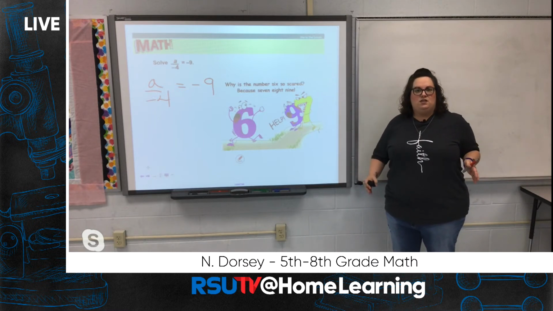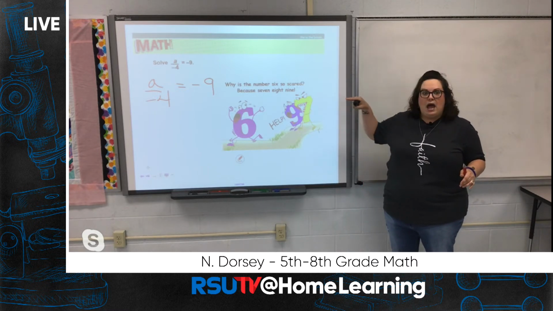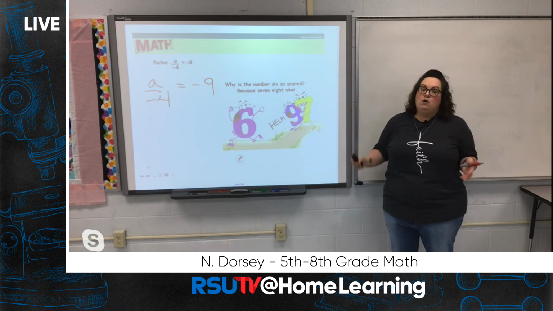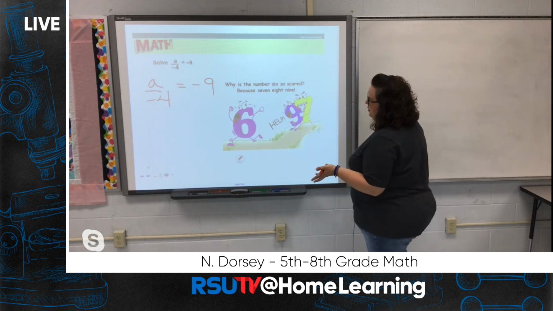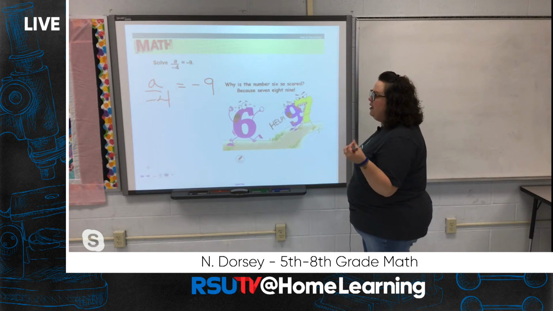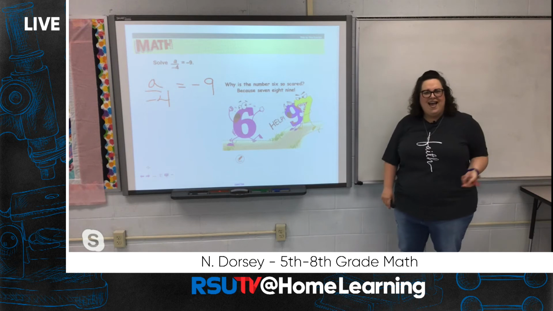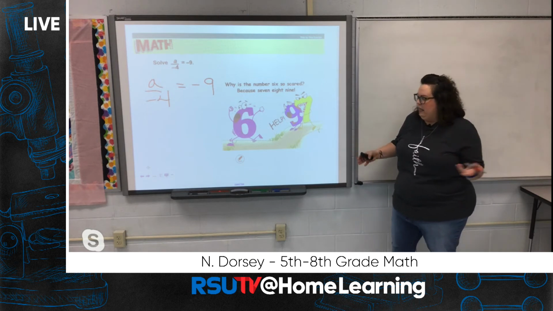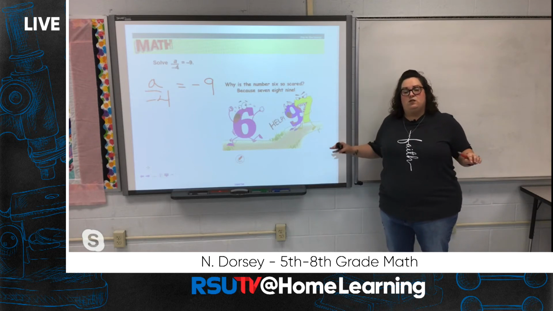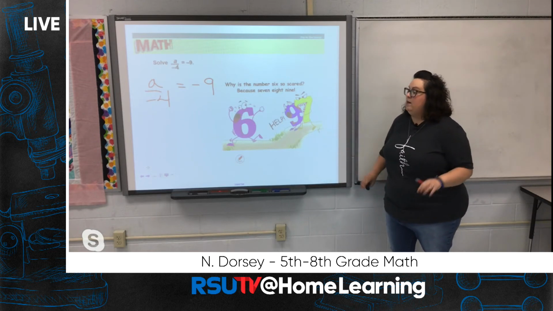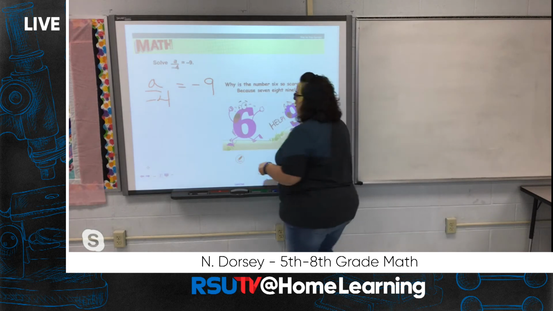So I try to tell my kids, whenever you see the fraction bar, you know you're going to be multiplying. So on this particular problem, I'm going to multiply both sides by -4. Now, what does that look like? And next week, I'm going to show you the more in-depth reason of why we do what we do. But for now, we're just going to do the simple part.